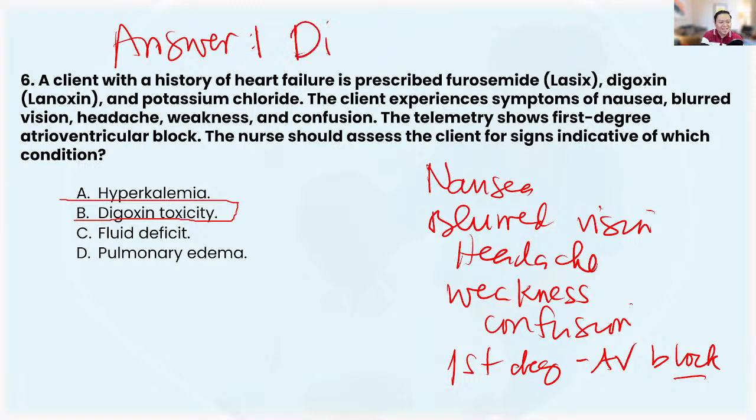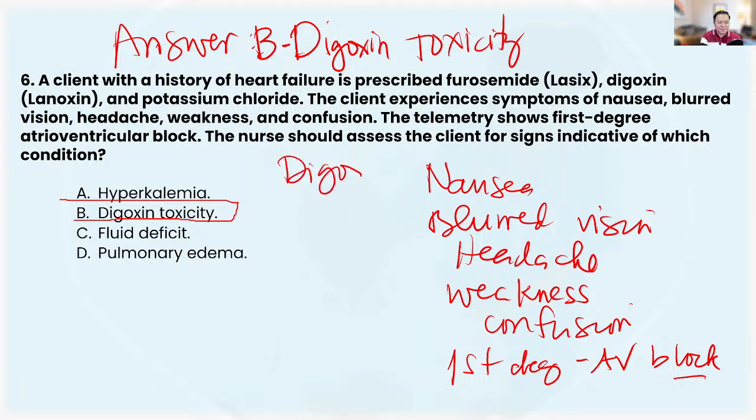Letter B, digoxin toxicity. All right. So what are those signs of, what do you call this? Digitalis toxicity. Yeah, these are the signs.